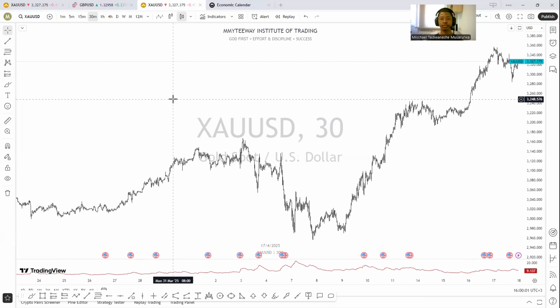And then for the pairs I trade, we have AUD/JPY, GBP. But what I see which is respected by all my pairs is market structure, right?